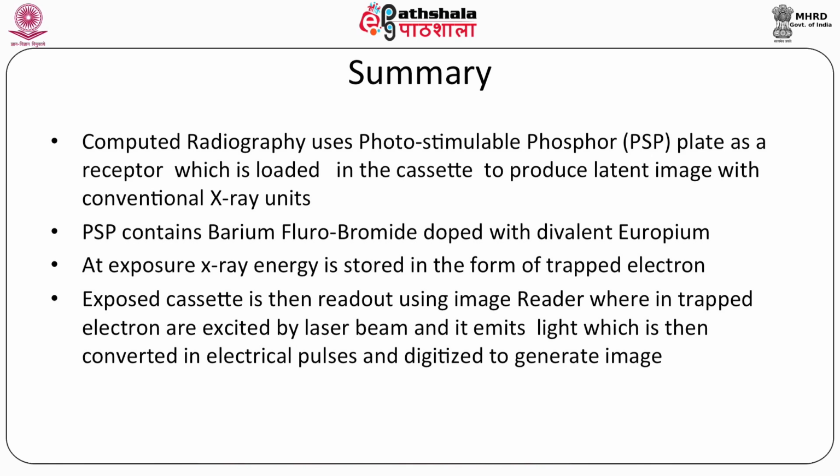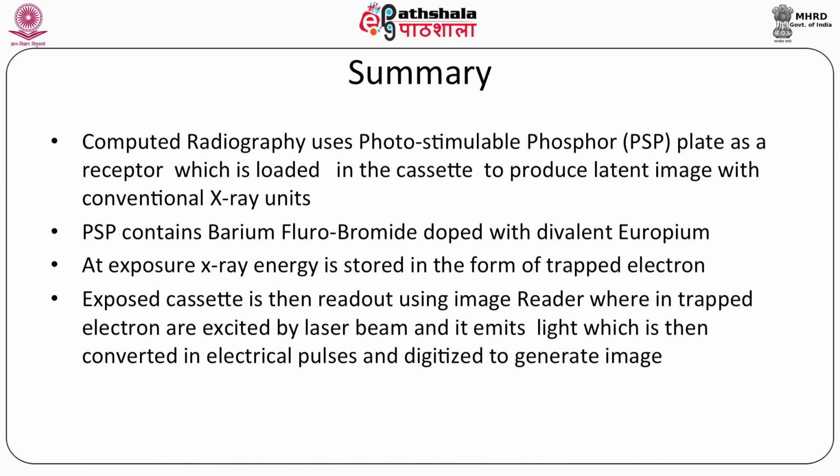Computed radiography uses photostimulable phosphor plates as the image receptor, which is loaded into a cassette. It behaves much like a cassette to produce a latent image with conversion of the X-ray signal.